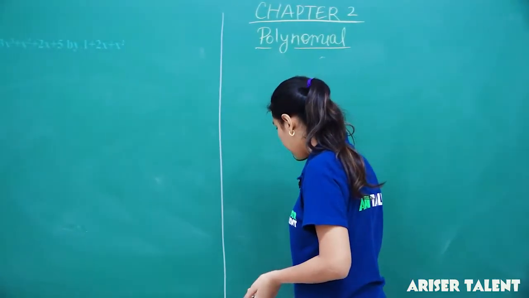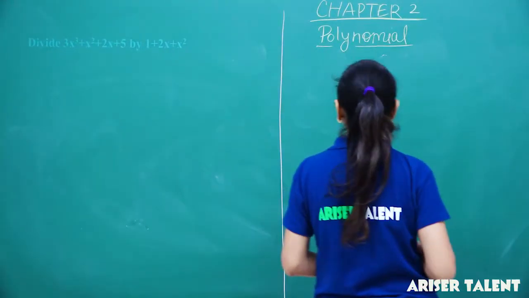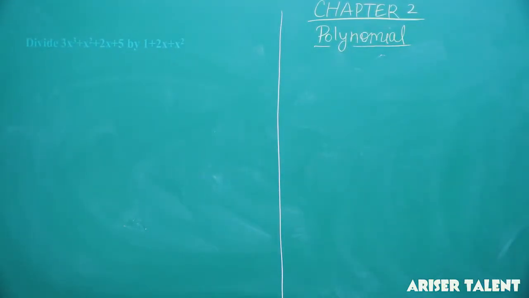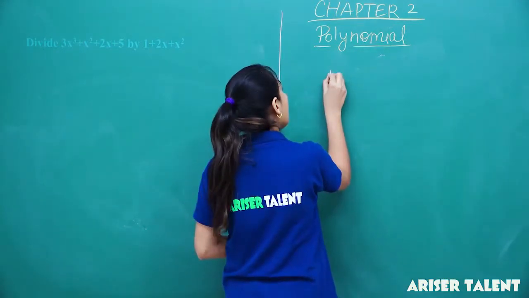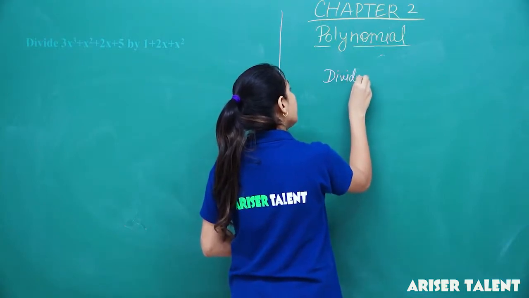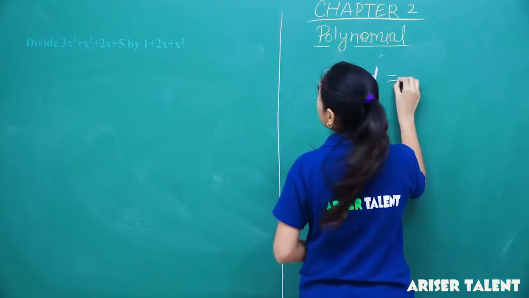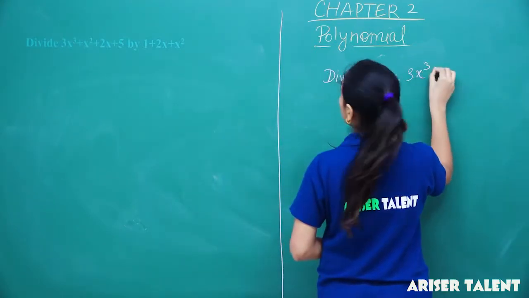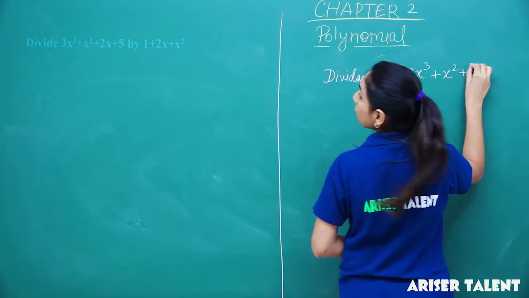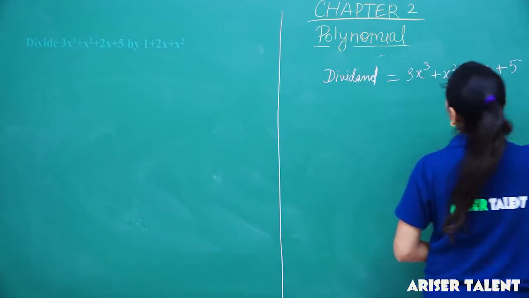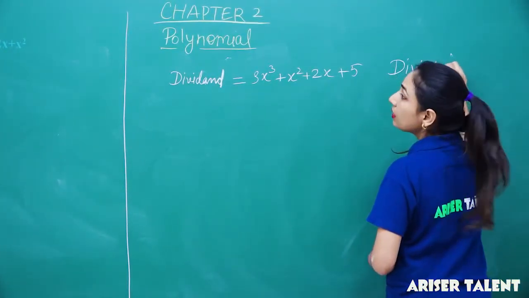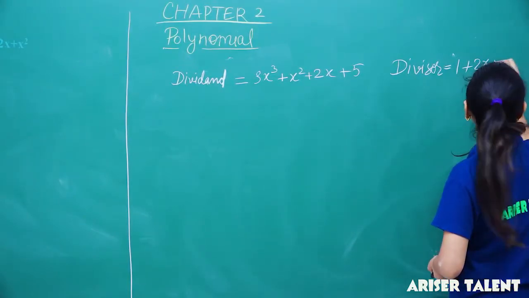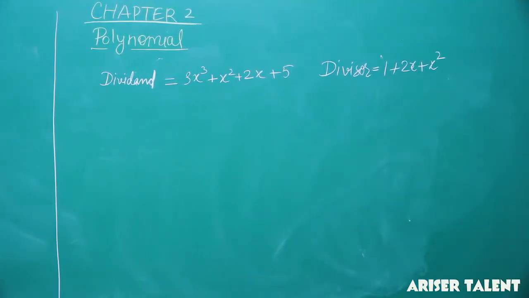Now, we are having 3x cube plus x square plus 2x plus 5 divided by 1 plus 2x plus x square. So, we are having our dividend as 3x cube plus x square plus 2x plus 5, and our divisor equals 1 plus 2x plus x square.